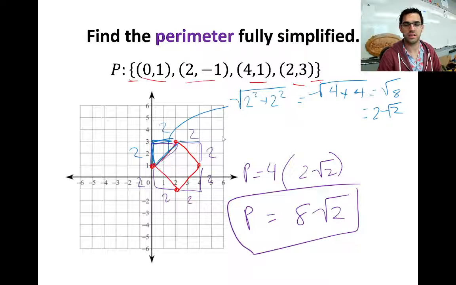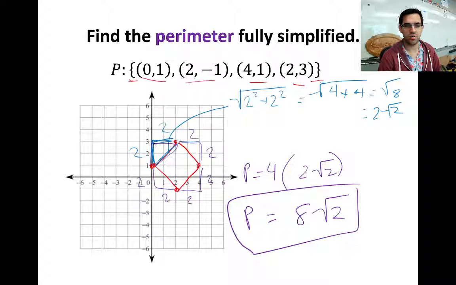We can't just count the side lengths because they're diagonals. So we're going to use the good old Pythagorean Theorem, and adjust it to find the distance between 2 points. If you recall, the distance would be the square root of one side of a right triangle squared plus the other side of the triangle squared. So we're going to make some right triangles.